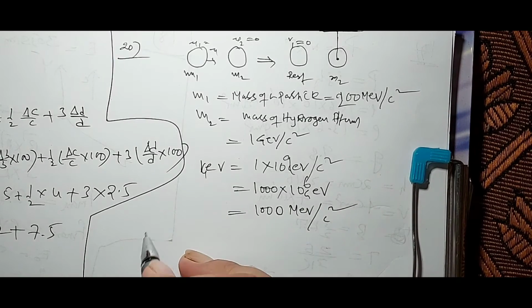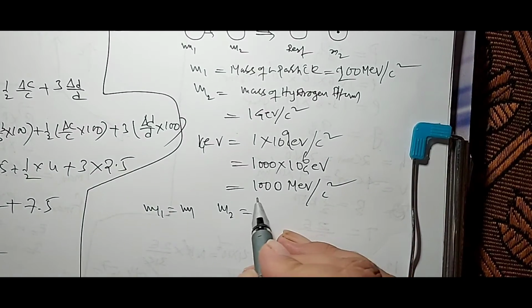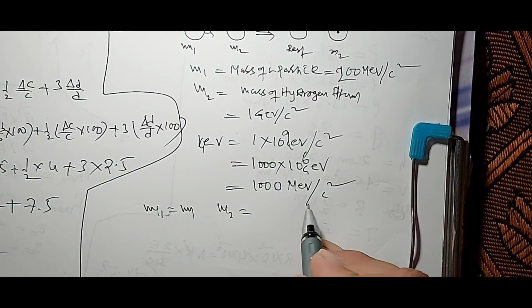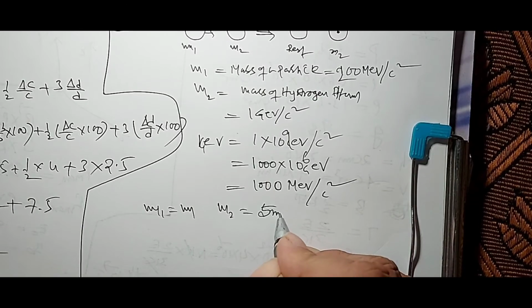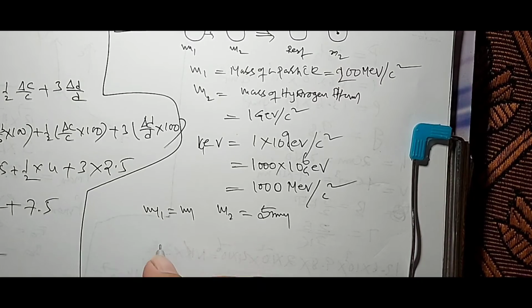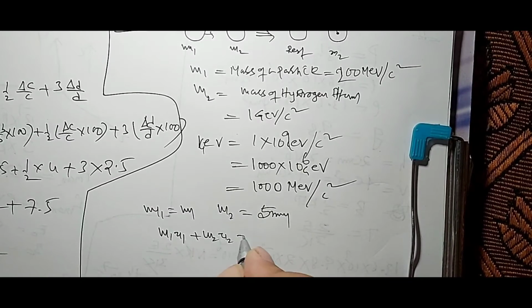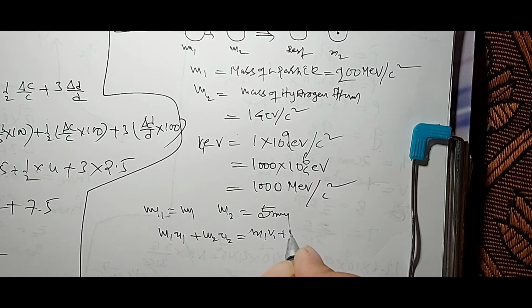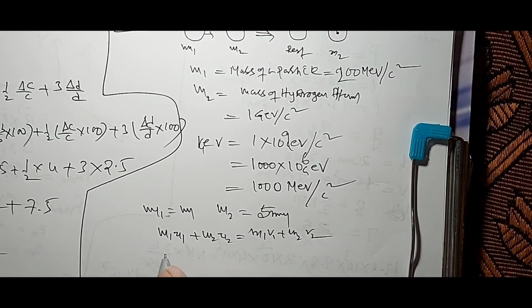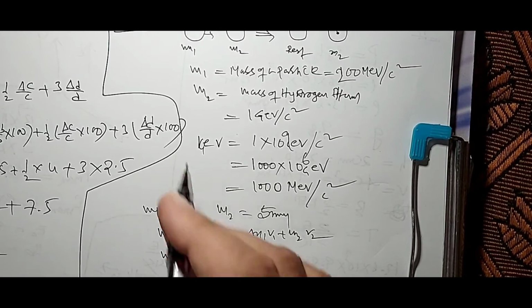So, here if m1 we assume as m, then what is the m2 value here? 1000 million electron volt per c square, this becomes 5m. So, apply law of conservation of linear momentum, m1 u1 plus m2 u2 is equal to m1 v1 plus m2 v2. m1, that is m, which is coming with the velocity how much?